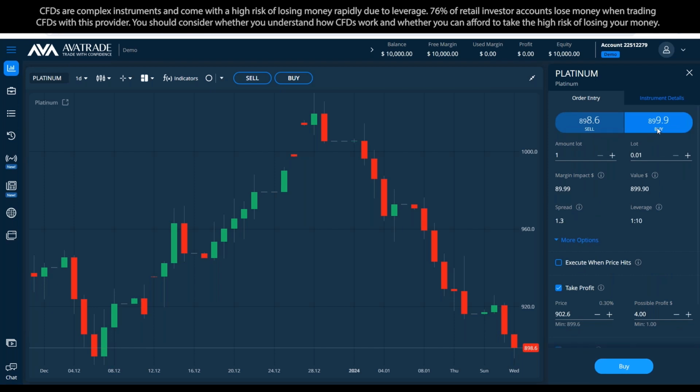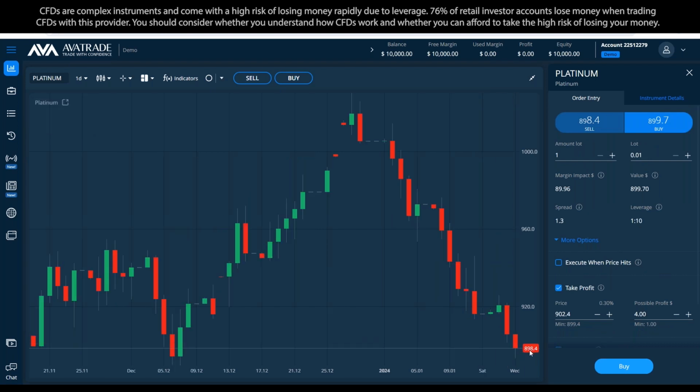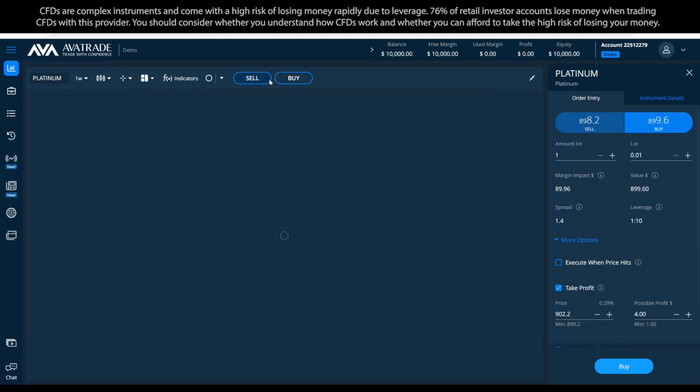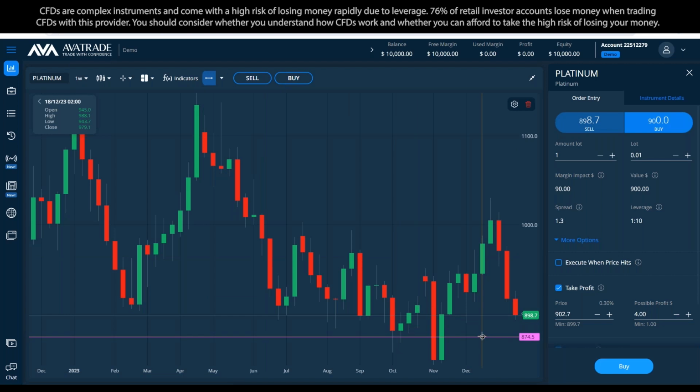So right now when I'm looking at the buy scenario, obviously my intention is that the value will increase, right? When I'm buying something, I want the value to increase. When I'm selling something, I want the value to decrease, right? What happens if I'm buying and it decreases? Who knows? Let's suppose I'm buying now platinum and it goes against me from 898 to, let's say, $20 down, okay?